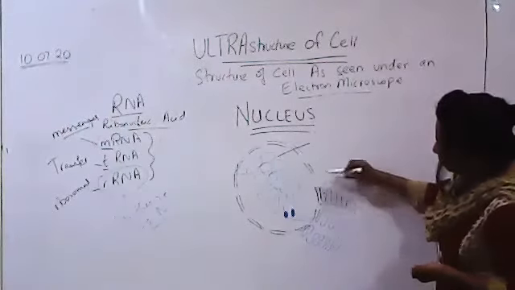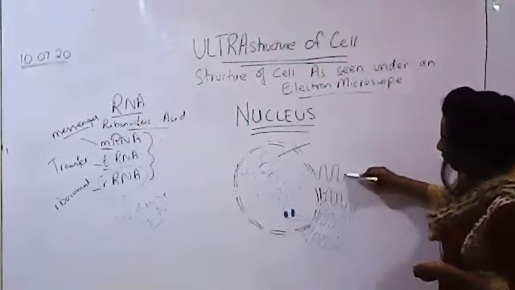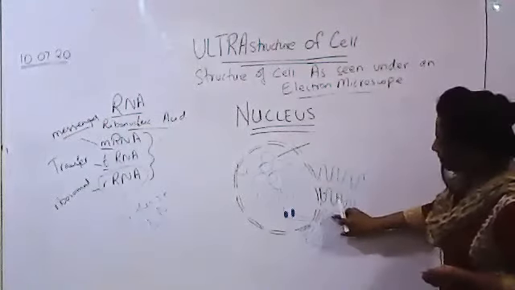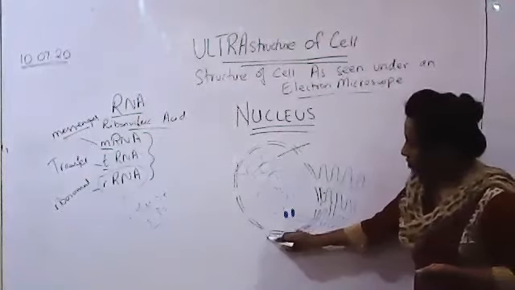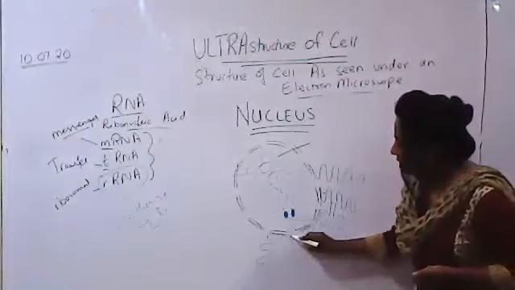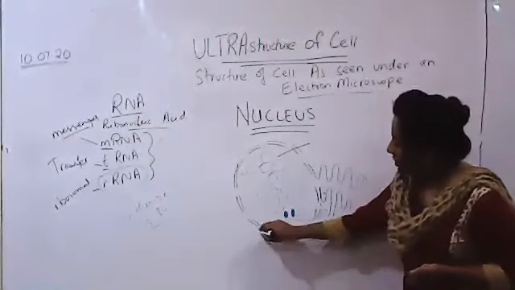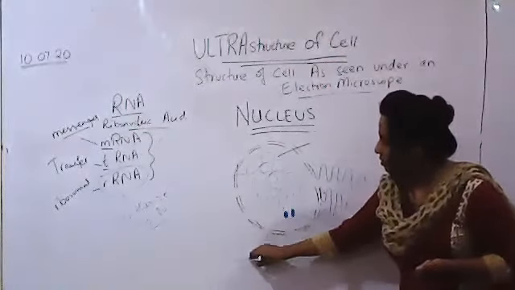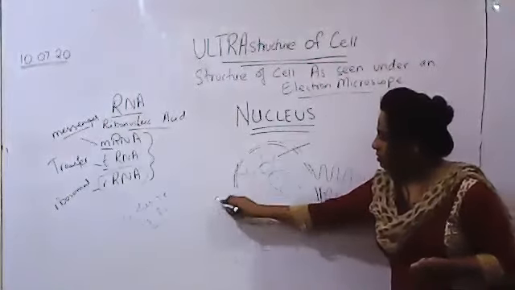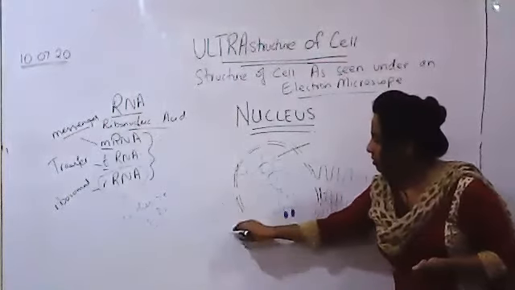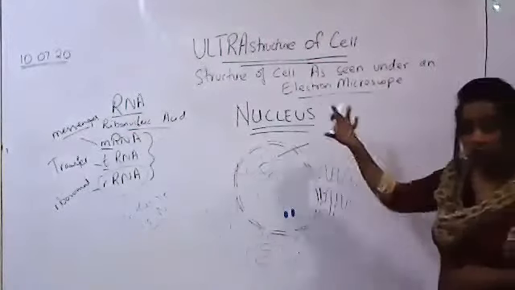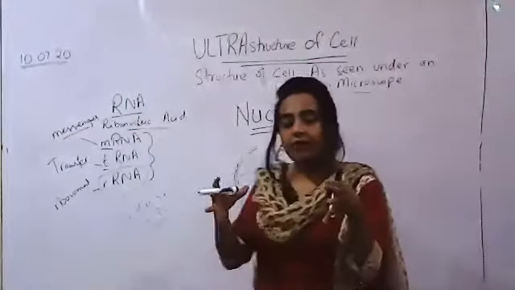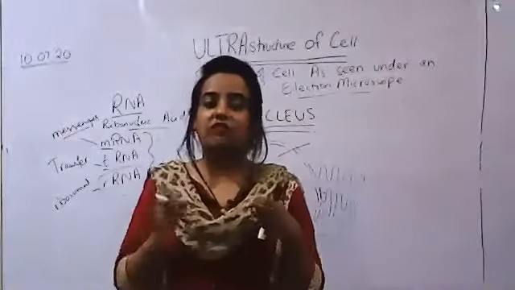This is termed as ER, or endoplasmic reticulum, and these are interconnected with each other. So surrounding all of the nucleus is what? ER, just like this. Right? So surrounding the entire nucleus, the nucleus in a way is embedded in this system of membranes.